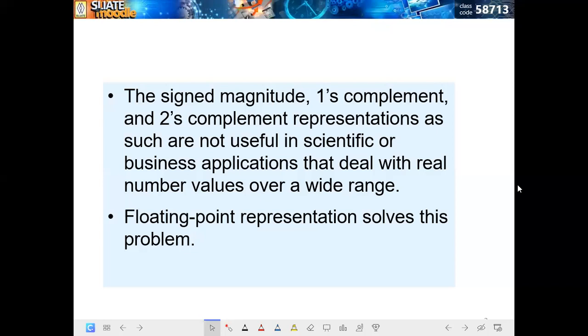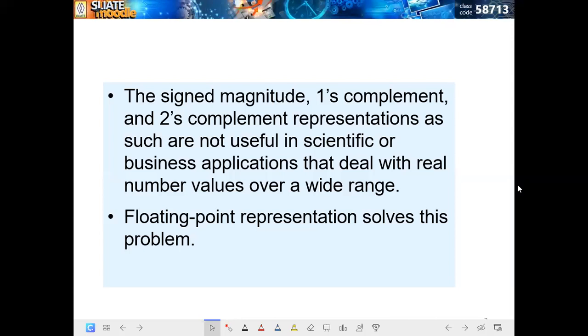And in the business field, when we want to handle business figures in calculations, we need to work with different kinds of values that vary in a wide range. Therefore, we need another method in computation.